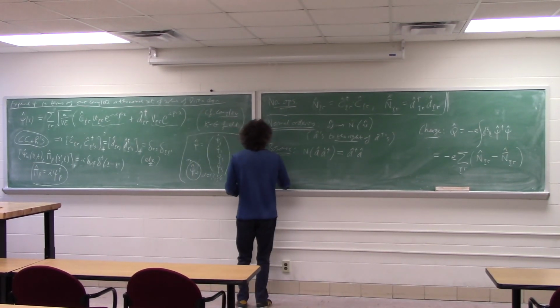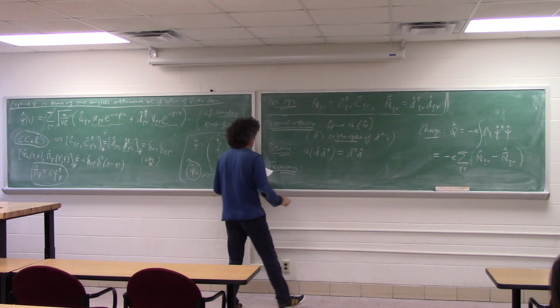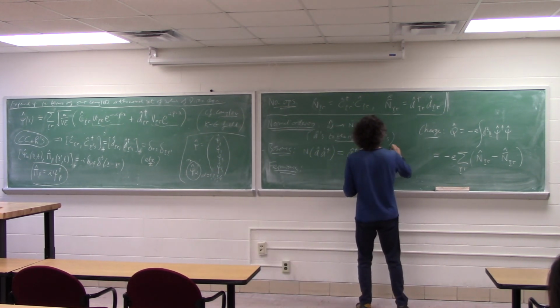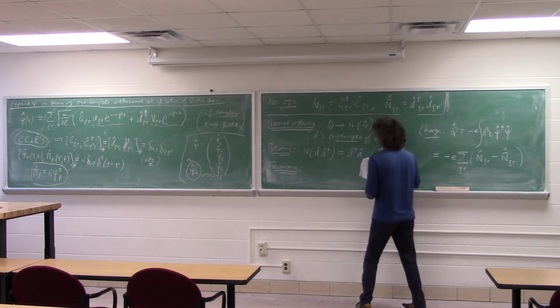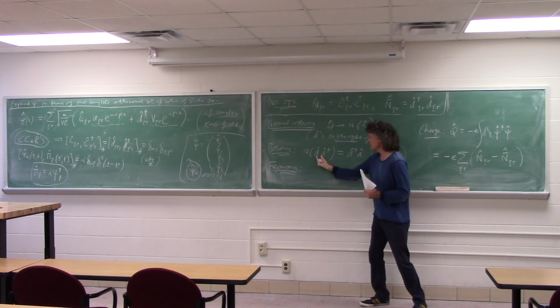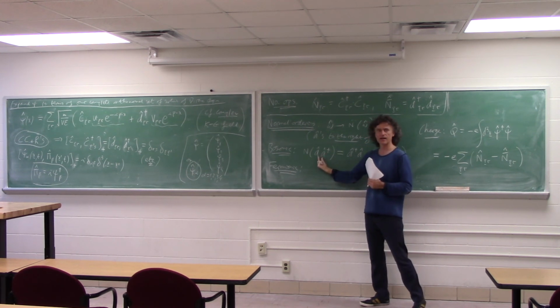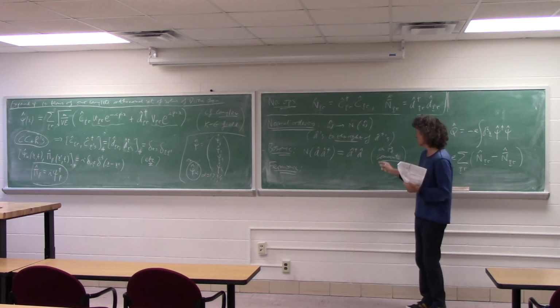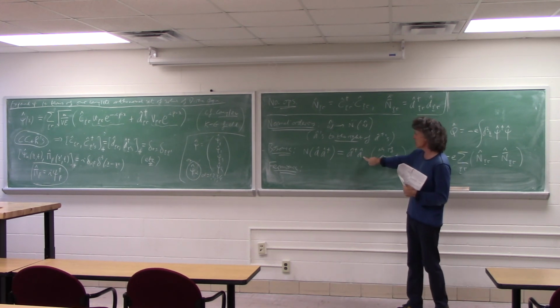In the fermionic case, the definition of normal ordering has a little twist. A way to go from here to here is you swap the A and the A dagger, imagining that they commute. You want the A to be to the right.